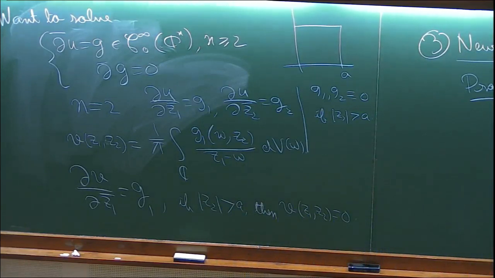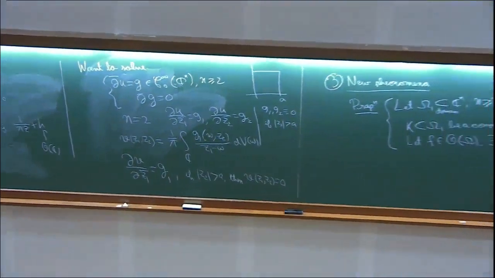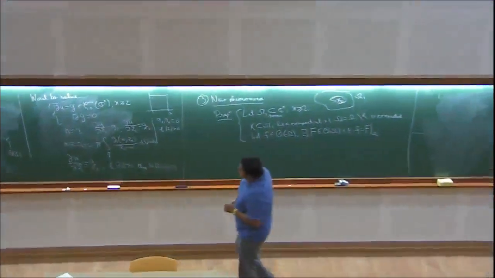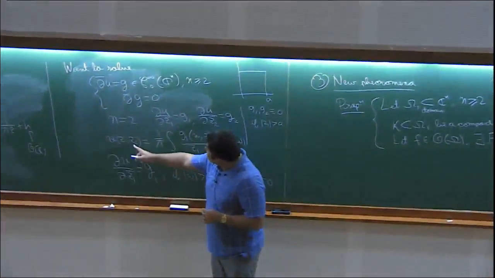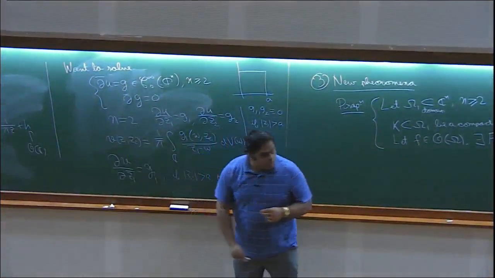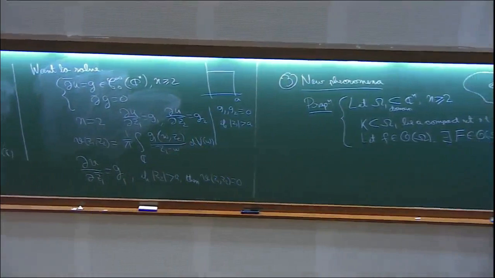Let's look more closely at this function v. I know already that the derivative of v with respect to z1 bar is exactly what I want. So I want to check what happens if I differentiate v with respect to the other variable.